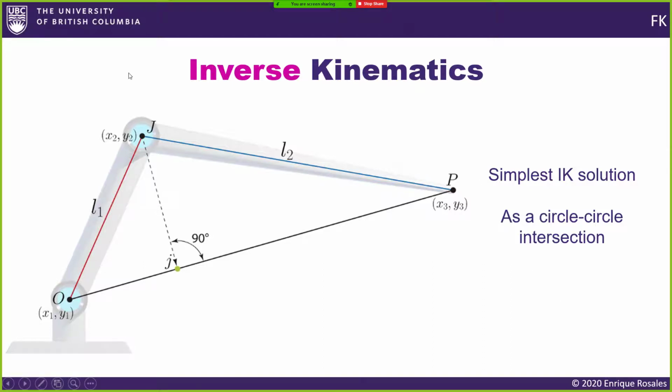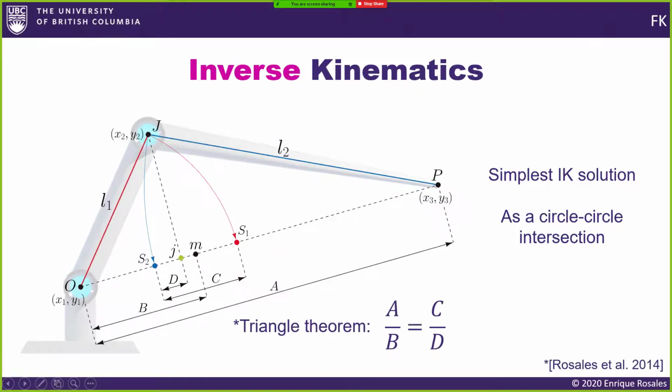But in particular, instead of finding the intersection directly, I will try to find this position here, which is basically the projection. You can use this theorem that says that the distance A divided by B is equal to C divided by D. This is a triangle theorem that is universal for any possible triangle.